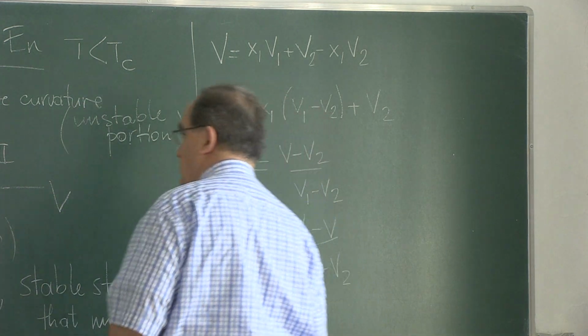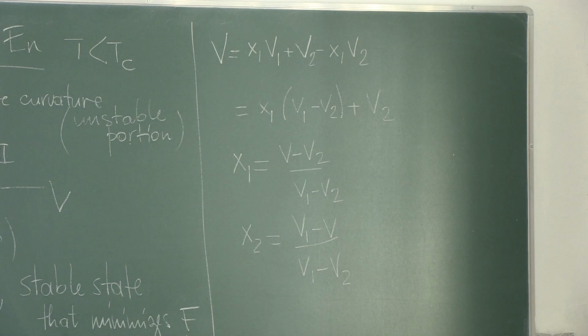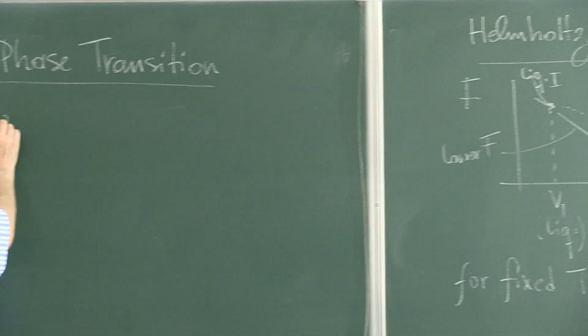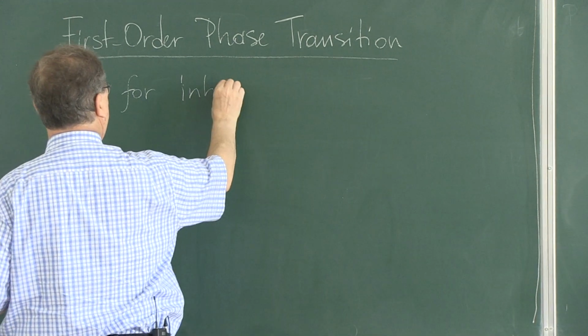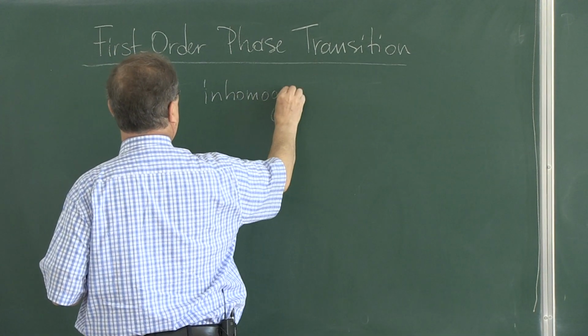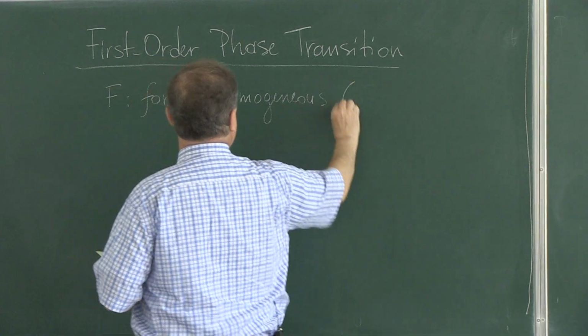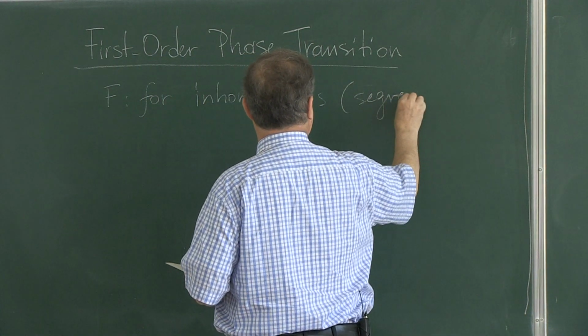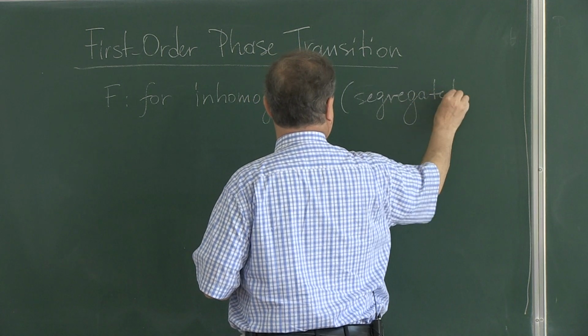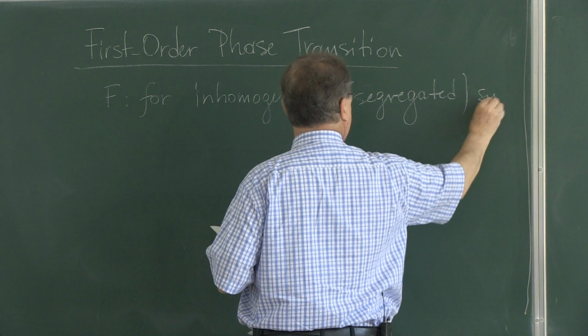Let's write the free energy for the inhomogeneous case. Inhomogeneous means segregated system.